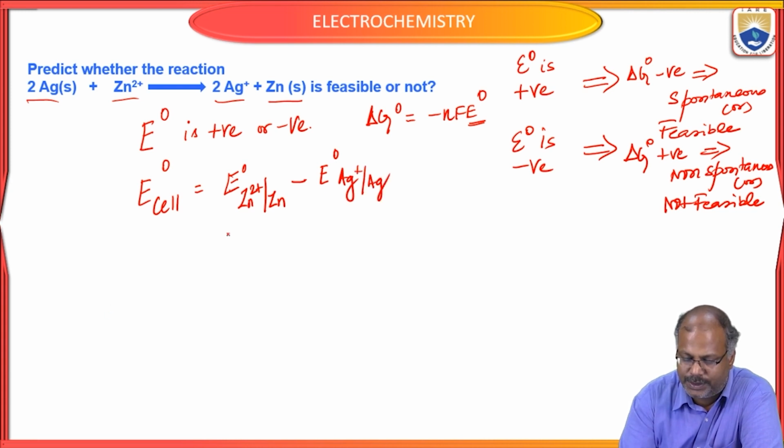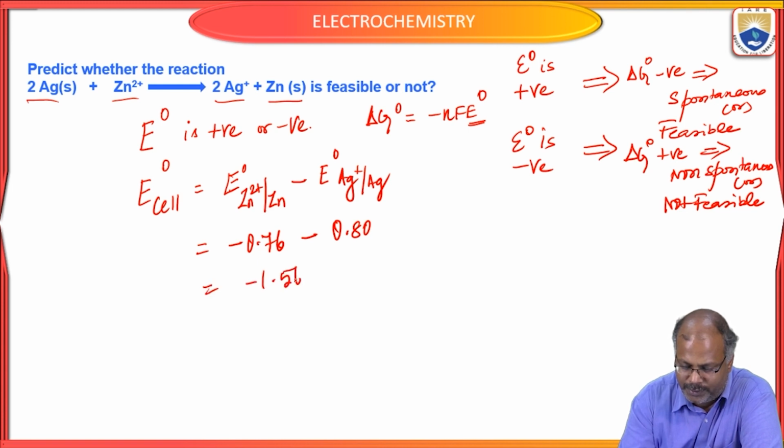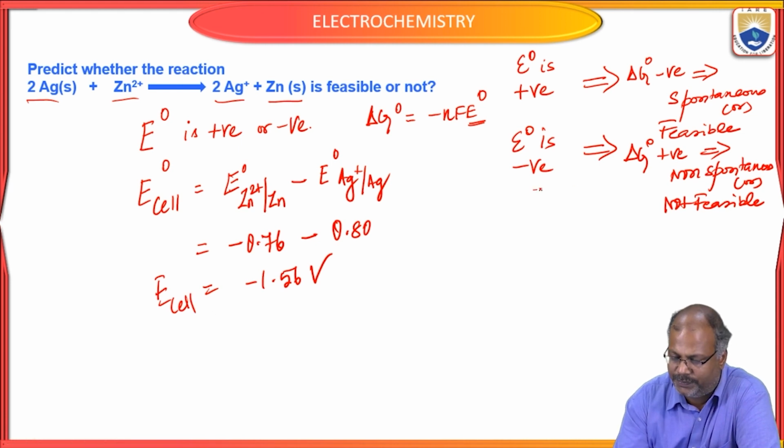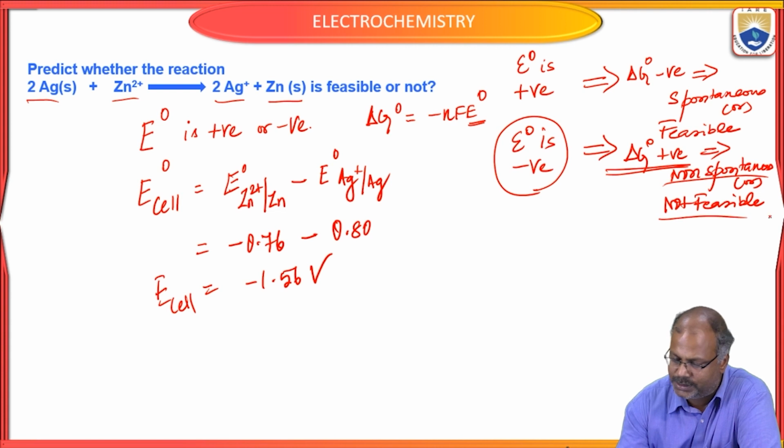So even though it is undergoing oxidation, we write it in the reduction form. It is equal to minus 0.76 minus 0.80, which is equal to minus 1.56 volts E cell. So we know that if E naught is negative, delta G becomes positive, non-spontaneous, not feasible.